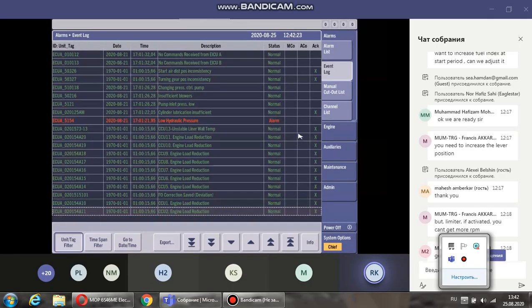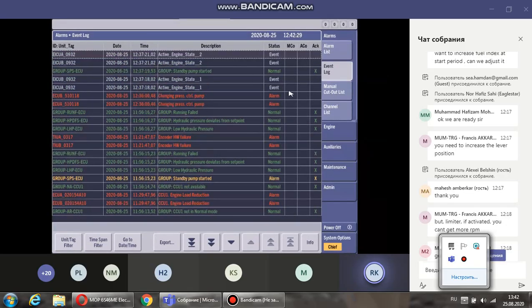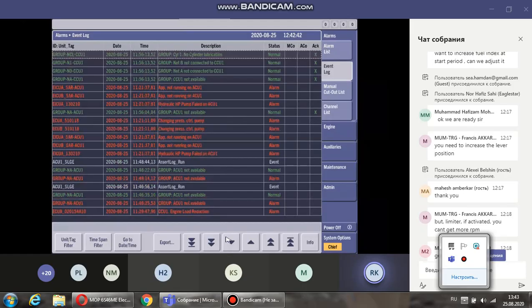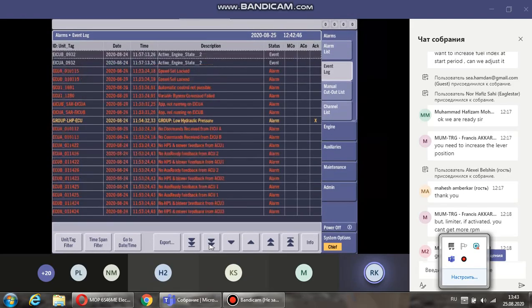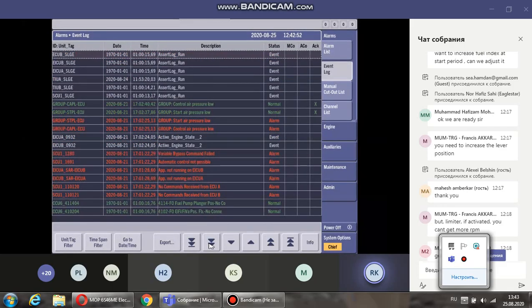You can see when we are looking at the list, on the right hand side we have the status and the manually cut out, automatic cut out, and acknowledged. So we can see that if we have any of our alarms acknowledged, it tells us when it was happening, and we can see also who did what, if they did anything at all.